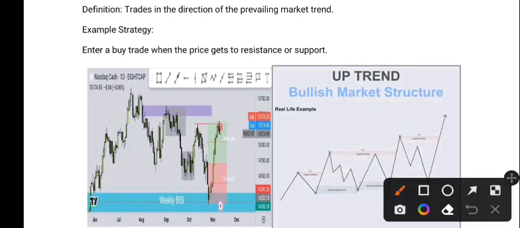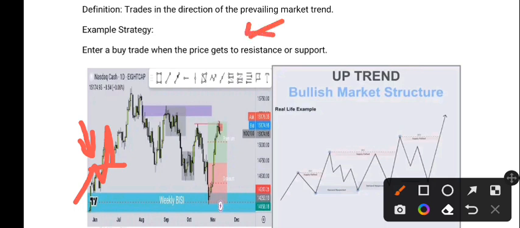This first one, you can already see a swing low, then a high, and then it came back to this place. This is what I mean by resistance. Price is turning the initial resistance into support. So that's what I mean by entering a buy trade when price gets to resistance.